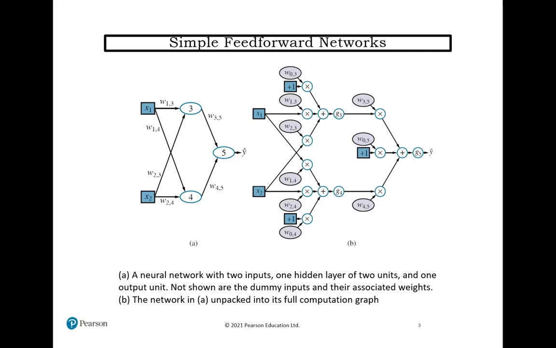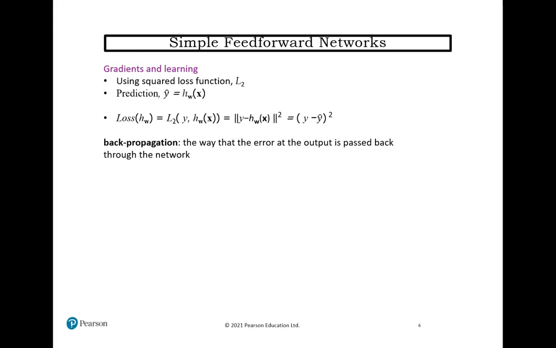So it would appear that we can only calculate the derivative once we have y hat, because the loss function, y minus y hat squared, requires y hat. So in order to find the derivative, we have to use what's called back propagation.